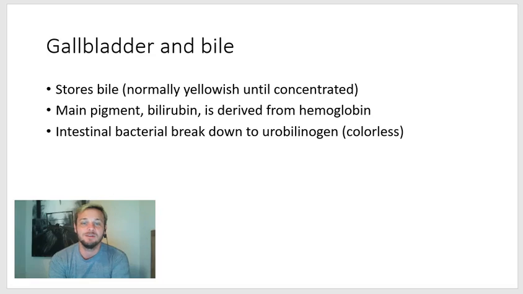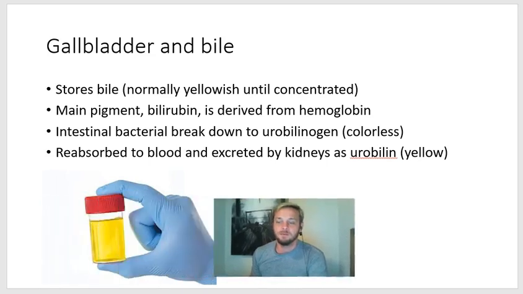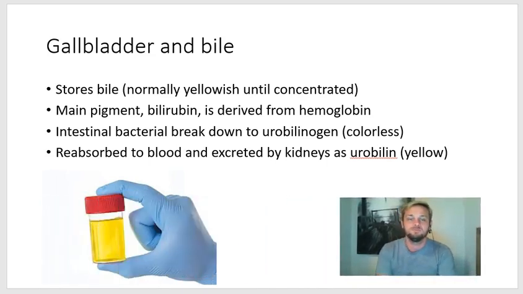We have intestinal bacteria that break down that bilirubin into something called urobilinogen, and that causes it to become colorless. So it kind of goes from that green-yellow to nothing when it's in the intestines. And then we reabsorb it into the blood, so into these other veins and stuff.